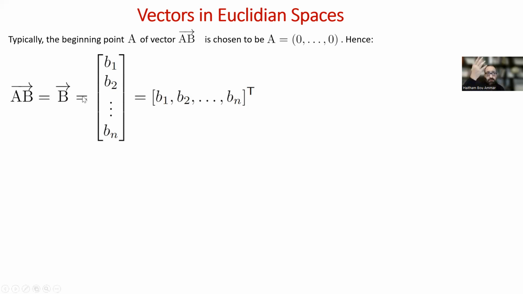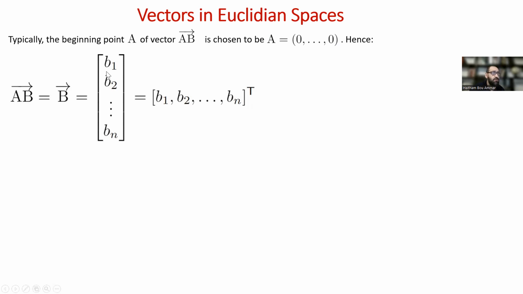And if you do the subtraction like we've done before, we will get the coordinates of that vector B. So you'll get B1, B2, up to Bn. Why do you get B1, B2, up to Bn? Because remember, if you want to find AB, you take the first component from the endpoint and the first component of the beginning point, and you subtract them.